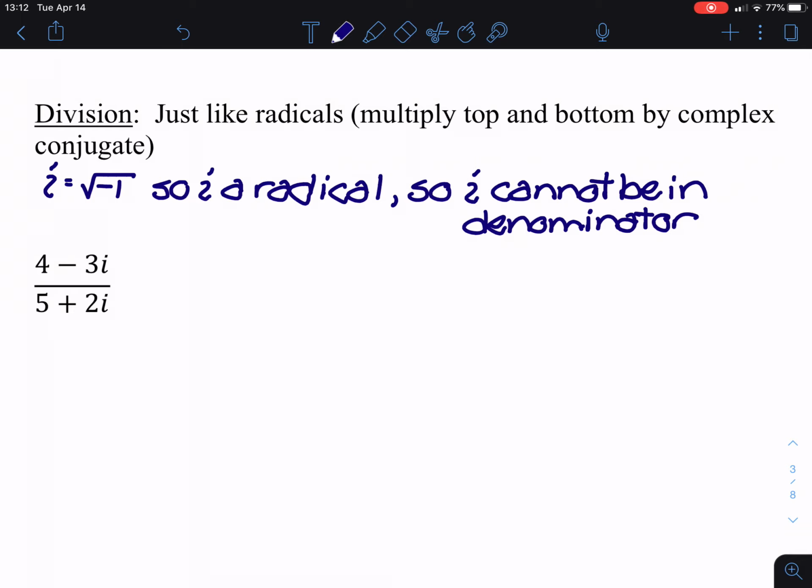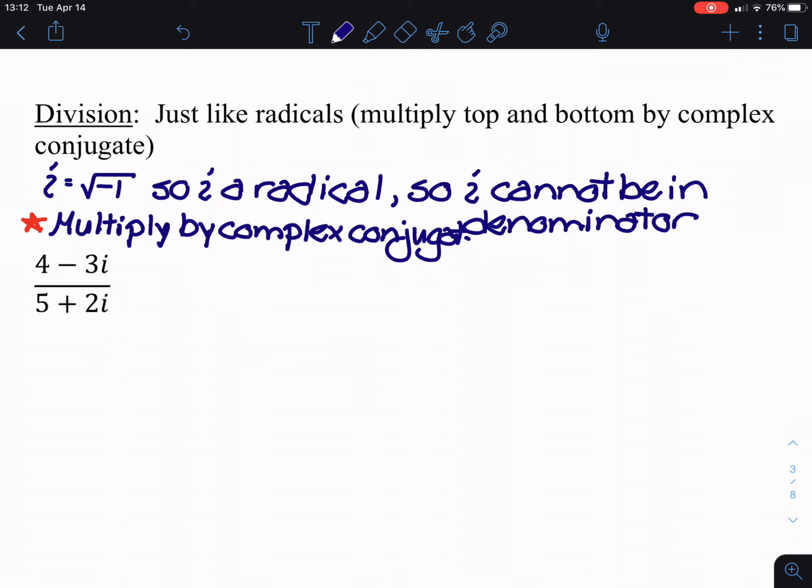What I need to do in all of these cases is multiply by the complex conjugate in order to get rid of the i in the denominator, and then we will write our solution in standard complex form, with a real part written as a fraction and an imaginary part also written as a fraction if needed.